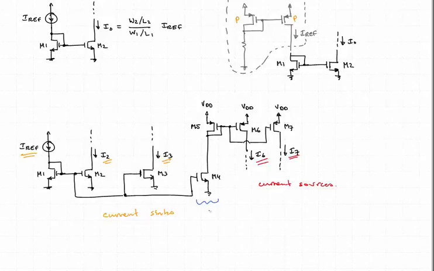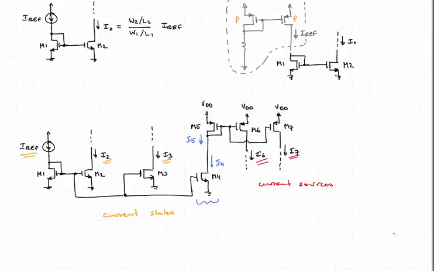So M4 will have a current I4 flowing down, and I5 will be the same as I4, and so now we can use the gate to source voltage of M5, which is a P channel, and apply that across the gate to source of M6 and M7, and now those transistors will supply currents I6 and I7, and those will all be related by the geometry scaling factors all the way back to IREF.